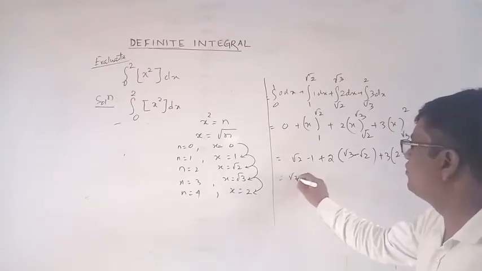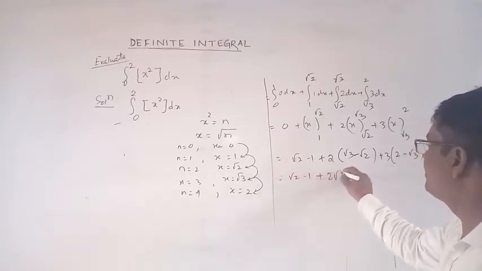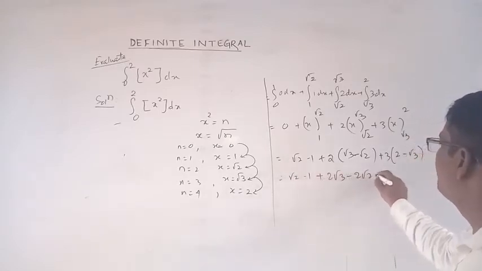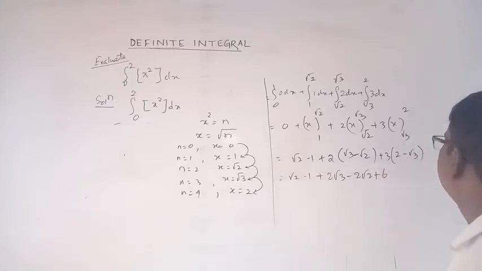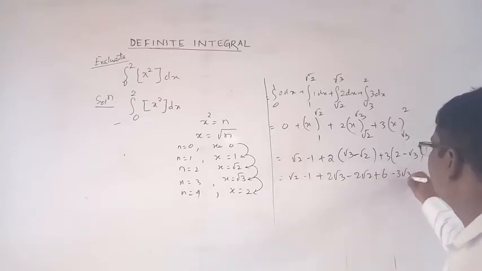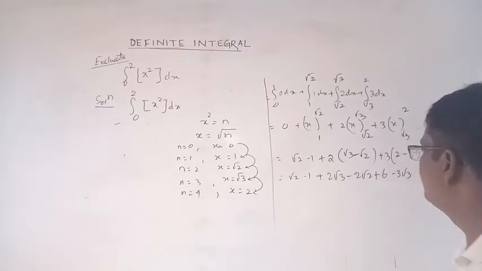So √2 minus 1 plus 2√3 minus 2√2 and 6 minus 3√3.